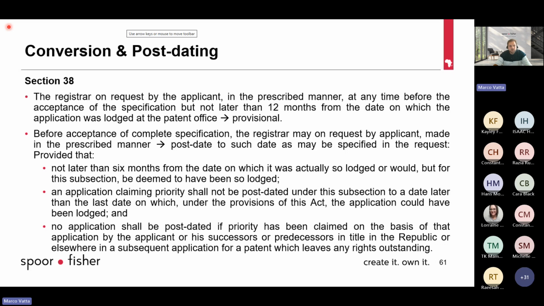Then section 38 also provides for the conversion of a complete patent application into a provisional application, and that is just to allow an applicant additional time should they require more time before the patent proceeds to grant, for whatever reasons. It eludes me what reasons an applicant would have to do this, but possibly to obtain a later filing date.